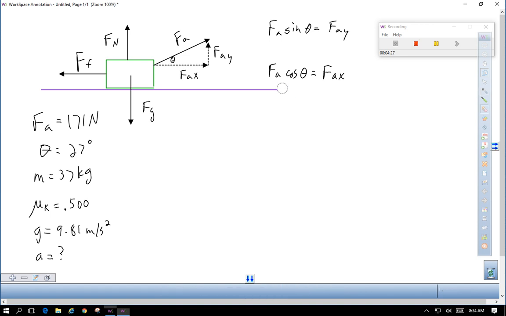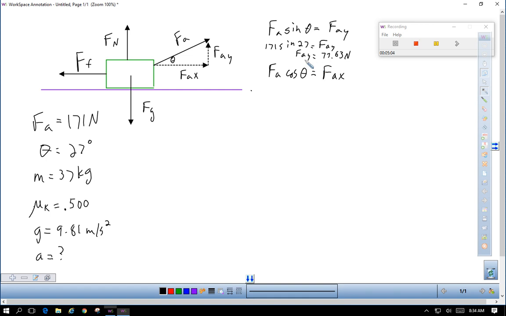Alright, let's shorten this up a little bit. FA, of course, was 171, and sine 27, FAY, and so FAY will equal 77.63 newtons.